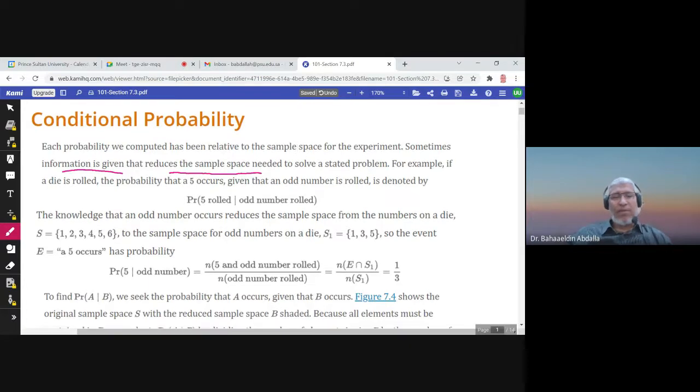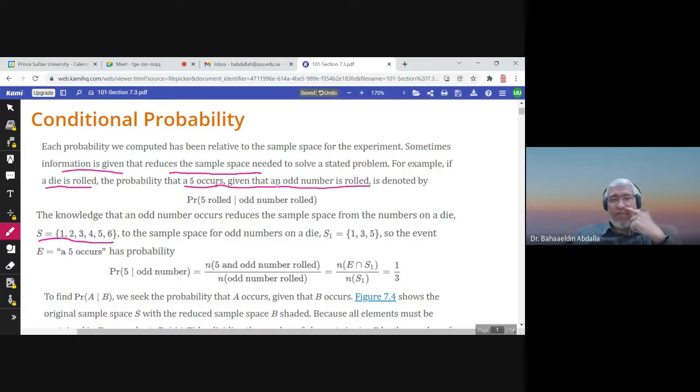For example, when we roll a die, the sample space consists of numbers from 1 to 6. If I ask you, roll a die, what is the probability that 5 occurs? You will say 1 over 6. But if I ask you what is the probability that 5 occurs, given that an odd number is rolled?